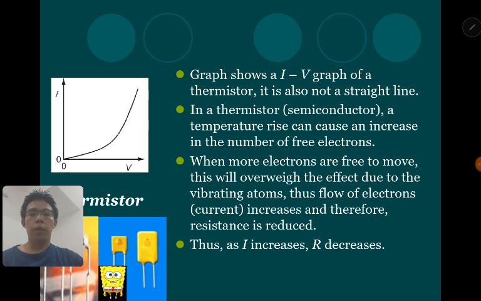So one more thing from the graph itself: how exactly can we identify whether the resistance increases or decreases? You might be thinking that it is because of the gradient, because it looks like when the gradient, the ratio I over V, increases, therefore R, which is V over I, decreases.